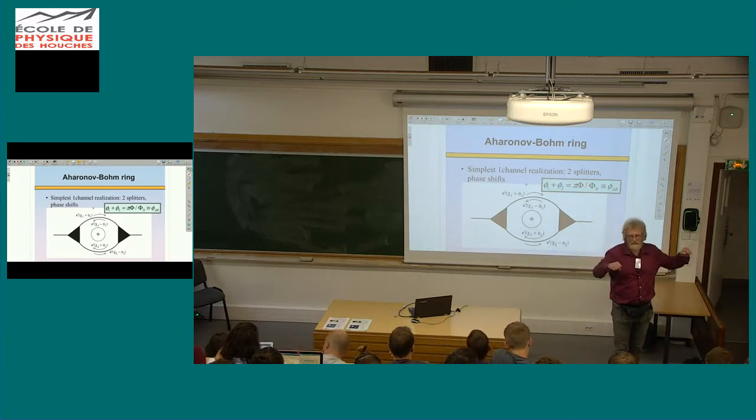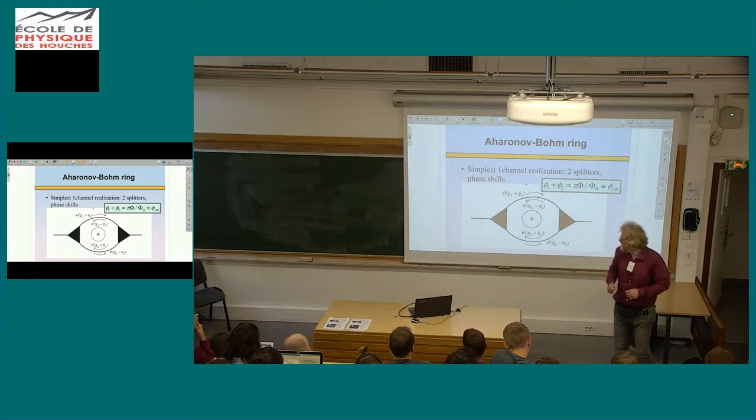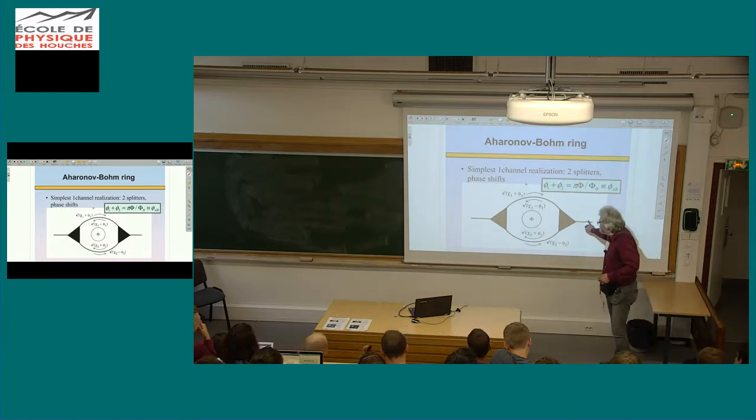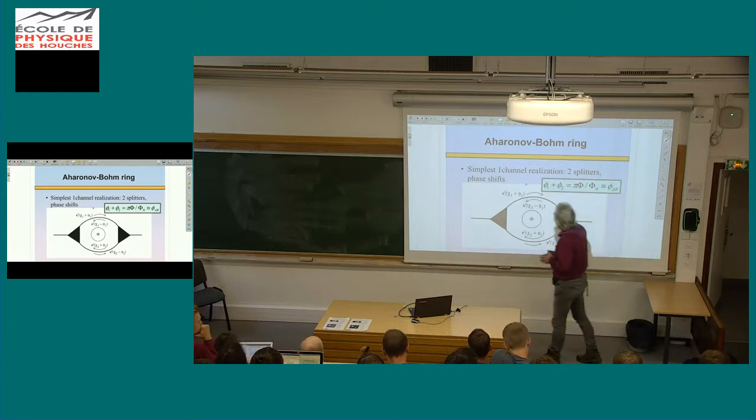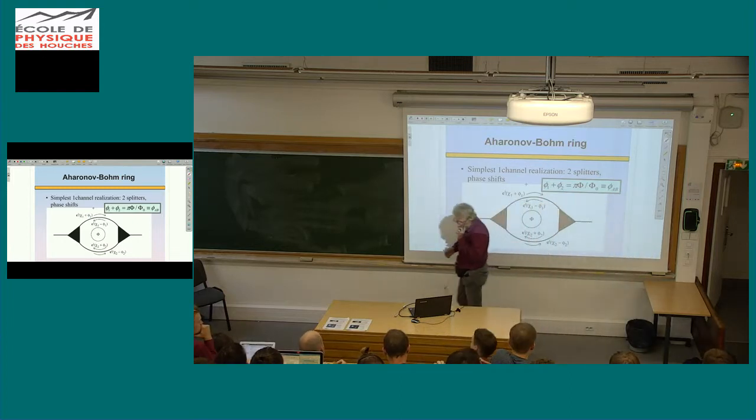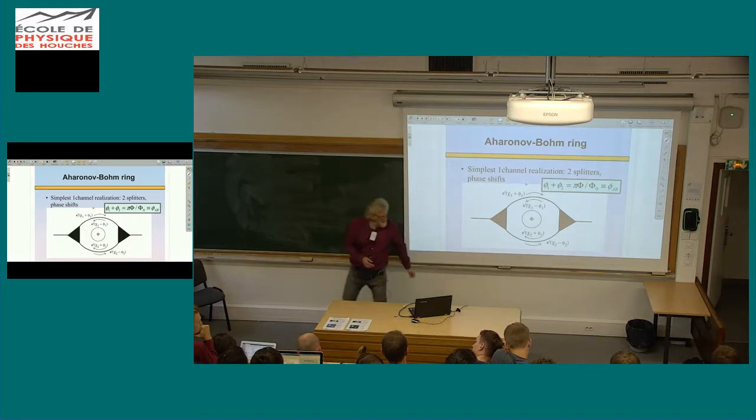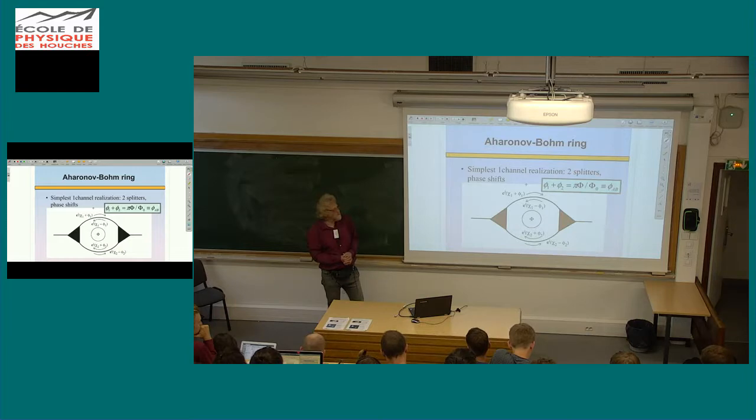But then I have to connect these 2 paths into a single channel. So I need 2 beam splitters for that. Good. So that's the simplest one-channelization of our Aharonov-Bohm structure. It involves 2 beam splitters.